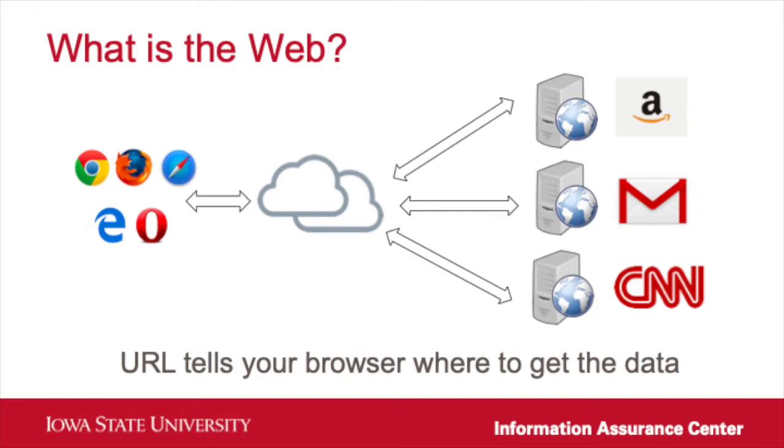So, what is the World Wide Web? Well, the World Wide Web is actually made up of a couple of pieces. The piece that we're all familiar with is the browser, the piece of software that runs on your mobile device, runs on your computer, names of Chrome, Safari, Firefox, and others. This piece of software is designed to interact with web servers.